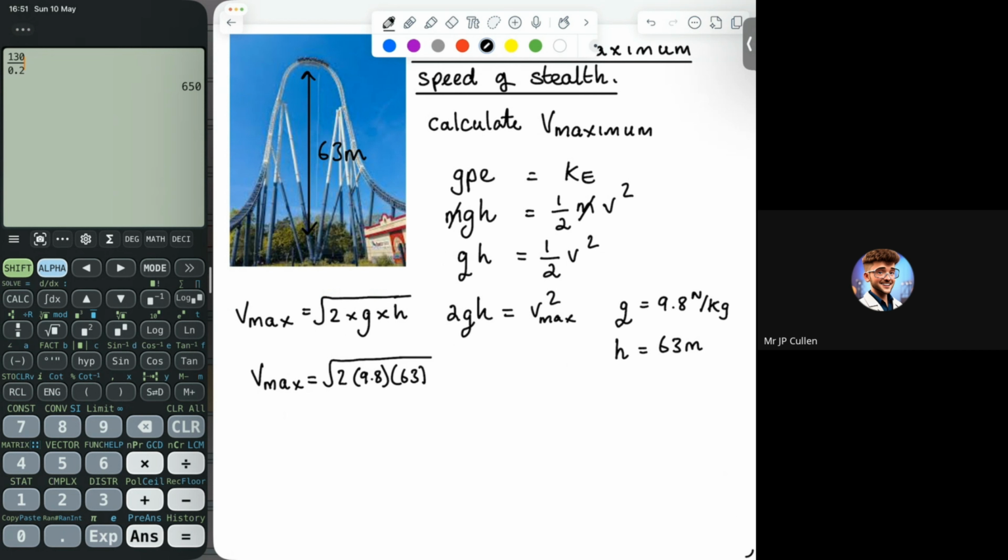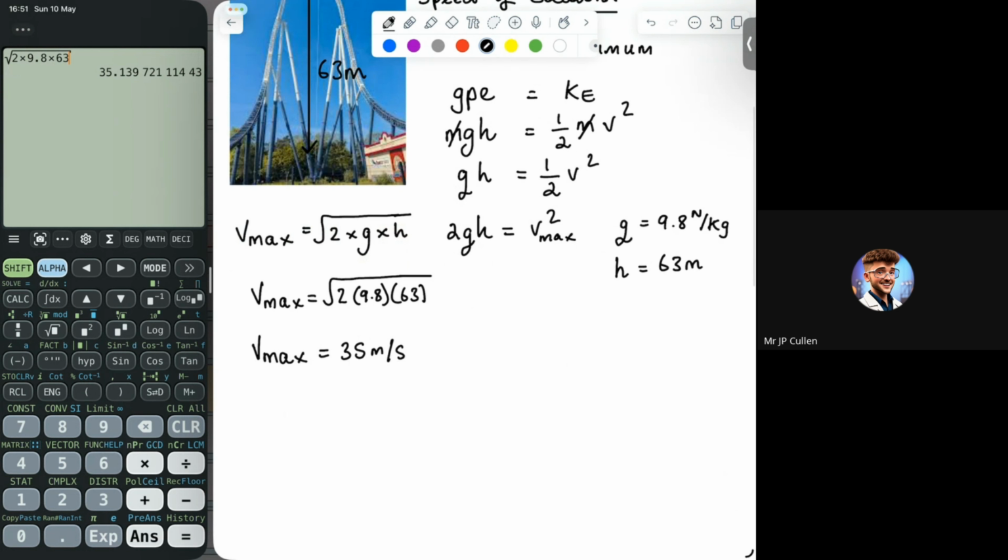Let's do the calculation. The square root of 2 times 9.8 times 63 gives us 35. What you've got to remember about that number is that it's in meters per second. If it looks unfamiliar or very slow, that's just because it's in meters per second and not kilometers per hour.